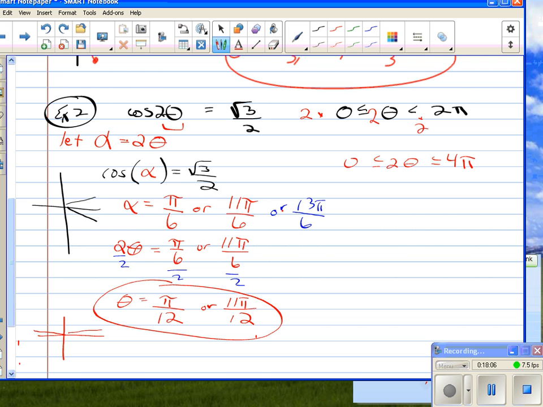Here's the deal. When you have a double angle here, you have to expand your window because all of your values are going to end up being smaller than what would normally fit in one rotation. So you expand your window out to 4 pi.